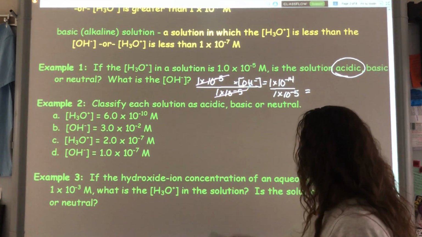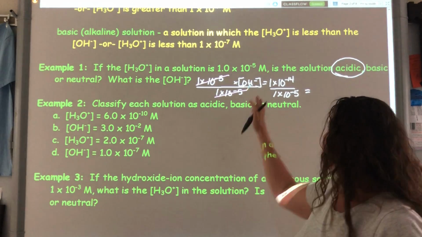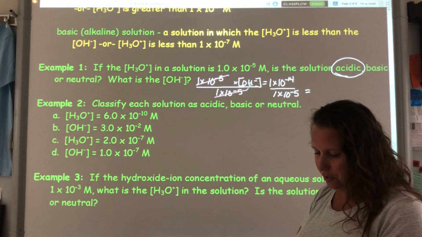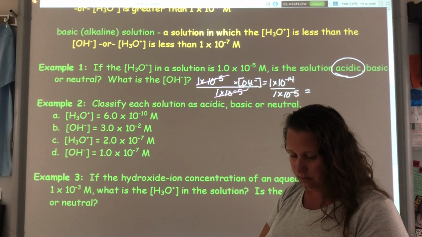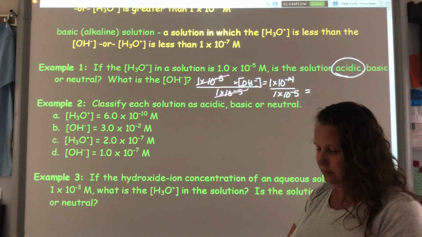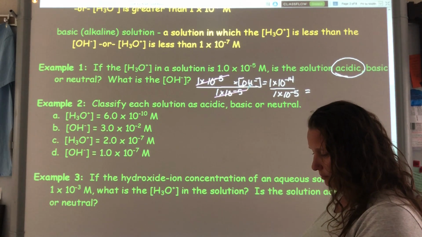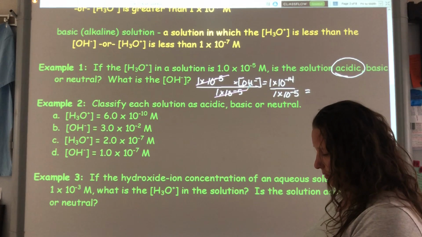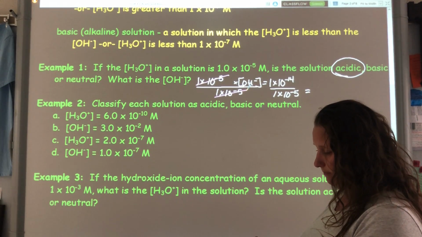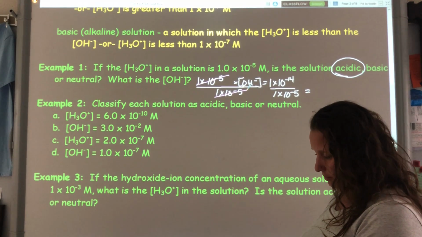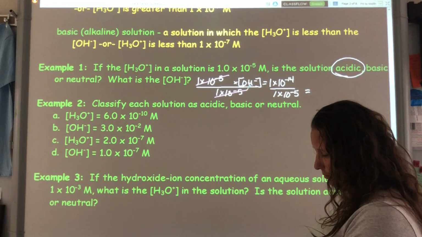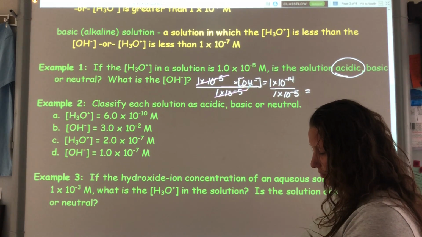So again, getting our calculator out, make sure that you're not only entering this correctly, but getting the right answer. So I've got 1 times 10 to the minus 14th, and then I'm going to divide that by 1 times 10 to the minus 5th.